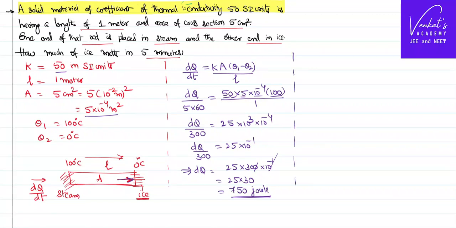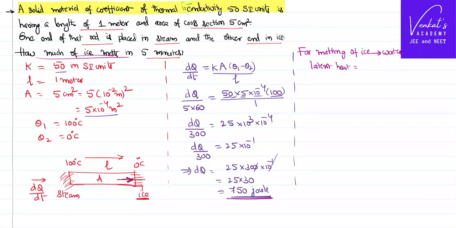Once we know that the energy available is 750 joules, we want to calculate how much ice this 750 joules can melt. For melting of ice, that means ice has to convert into water. There we shall remember a definition called latent heat.